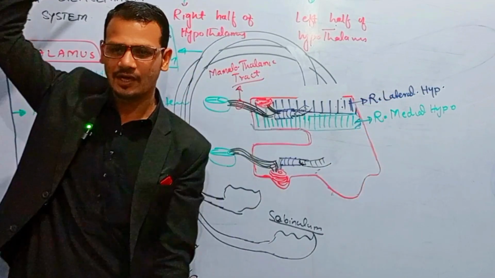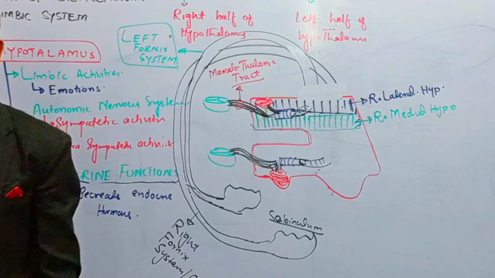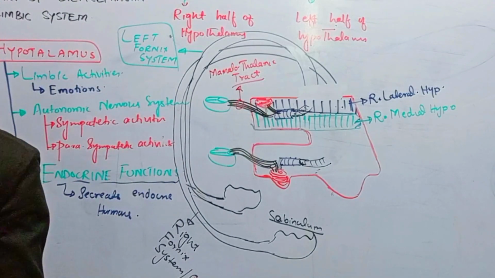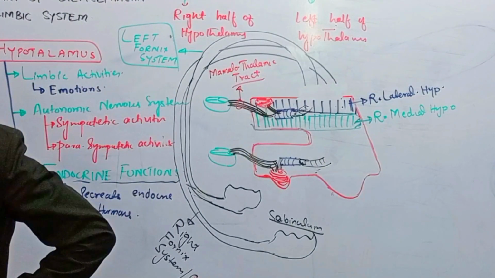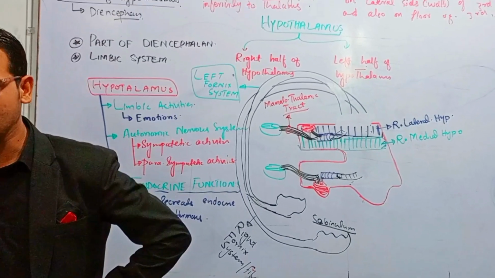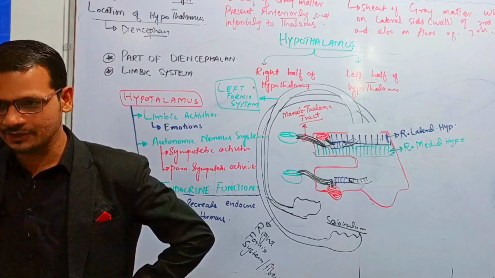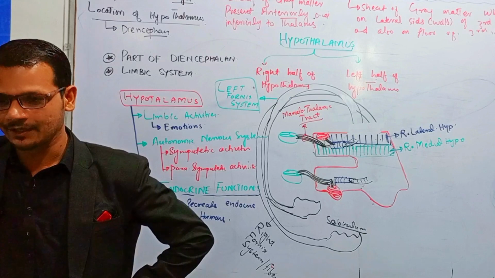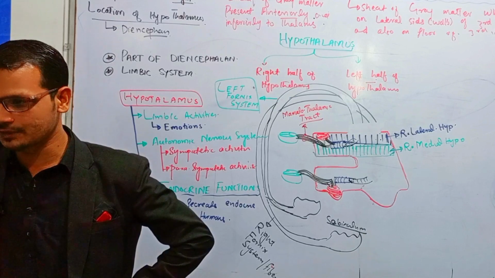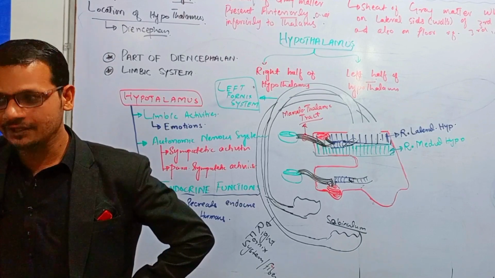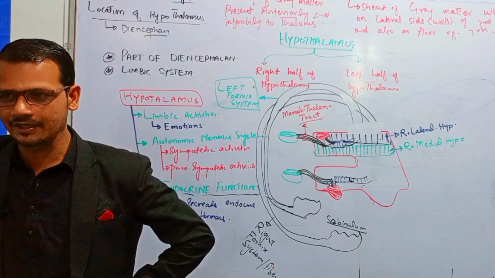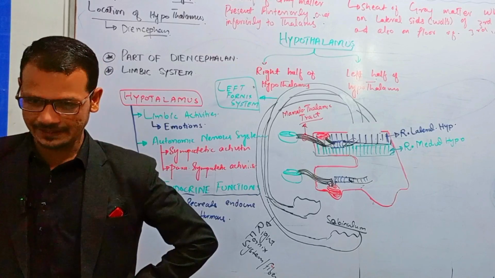This is the right lateral hypothalamus and right medial hypothalamus. Remember, we are talking about the hypothalamus, right? And now we have covered the location of the hypothalamus, and now we are dividing this hypothalamus into parts, right? First we divided this hypothalamus into right and left halves. Now we are dividing these right and left halves into two parts, right?